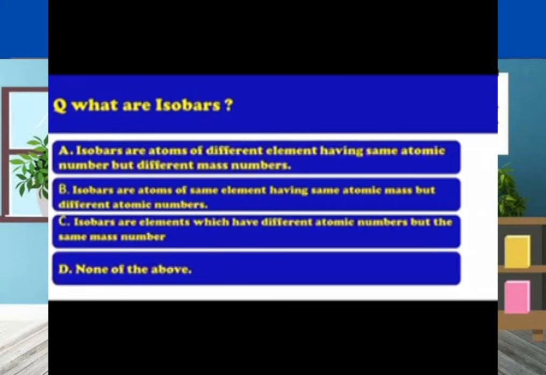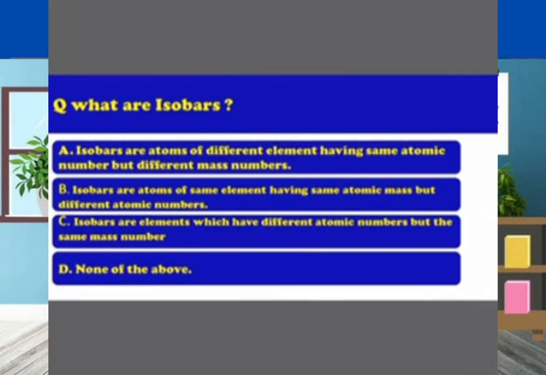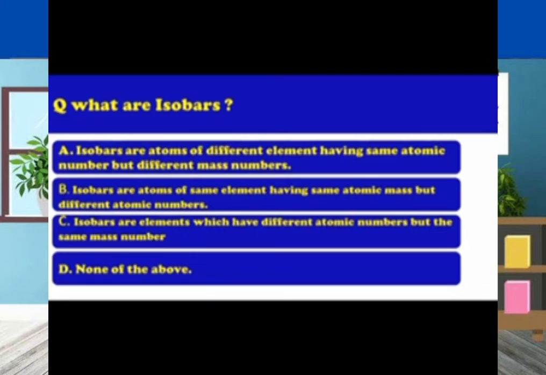Then third option, isobars are elements which have different atomic number but the same mass number. And option D, none of the above. Here option C is the correct answer. That is, isobars are elements which have different atomic number but the same mass number.